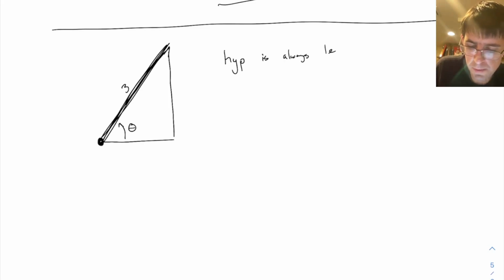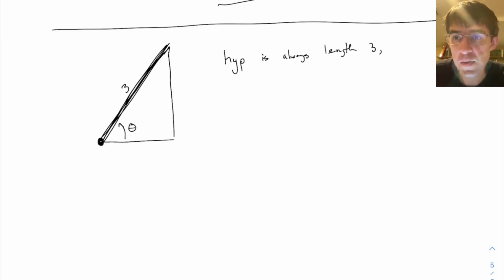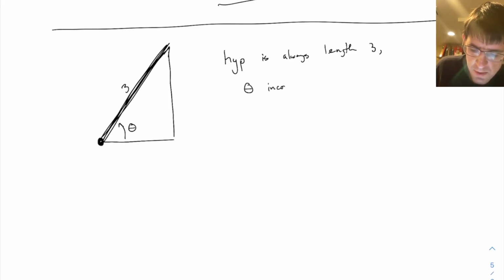The hypotenuse is always length 3. But the angle changes, and that will cause the other two sides to both change their lengths as the angle increases. Hypotenuse is always length 3, and let's say that theta increases at a rate of maybe 2 radians per second.